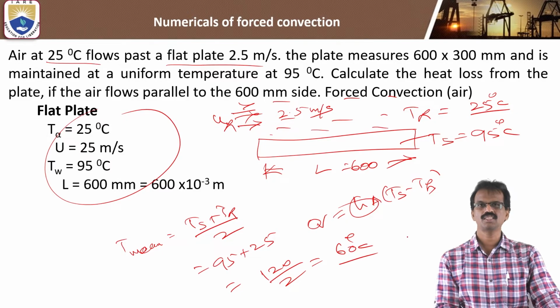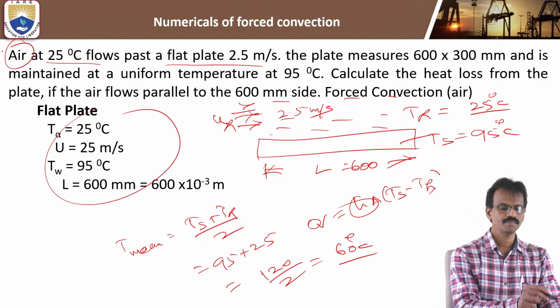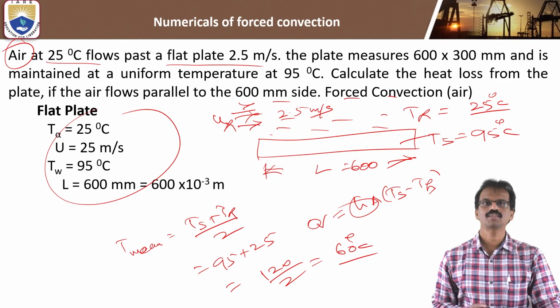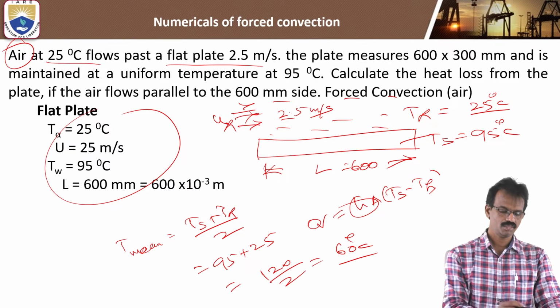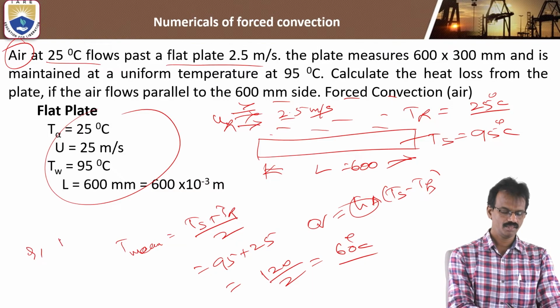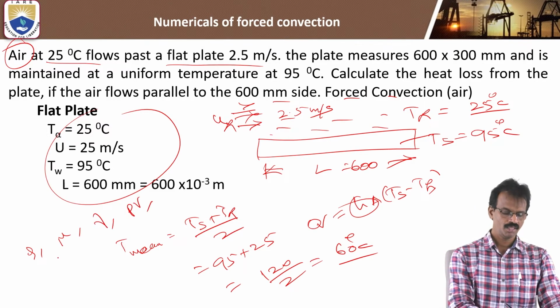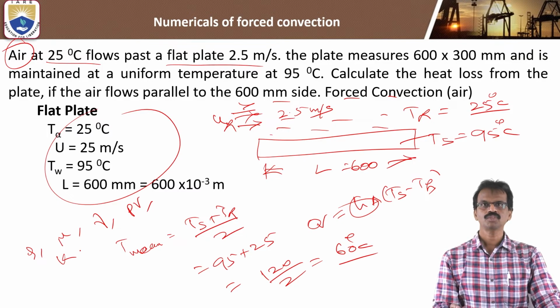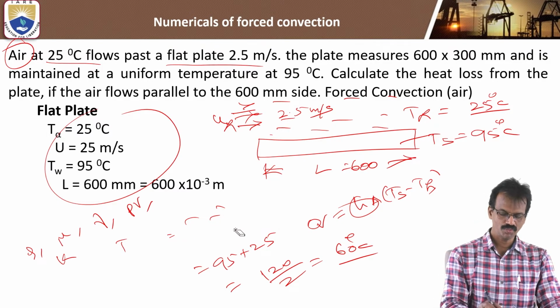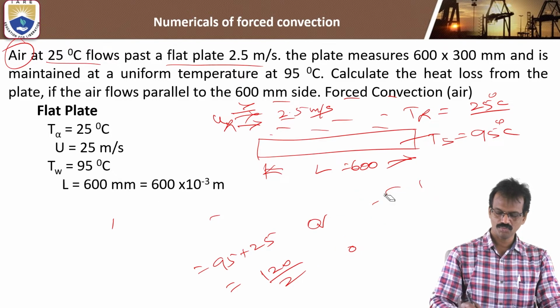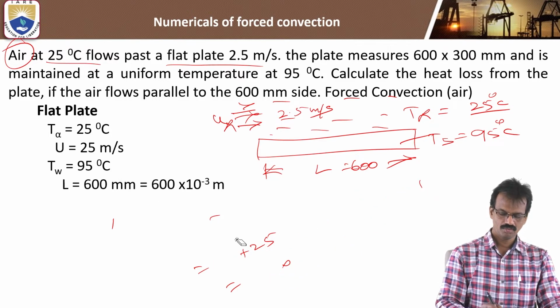So at 60 degrees Celsius for air, you have to take the fluid parameters, the air properties: density rho, dynamic viscosity, kinematic viscosity, Prandtl number, and thermal conductivity of the air. All the parameters you have to take from the data book. Here I am showing those parameters, already taken from the data book.